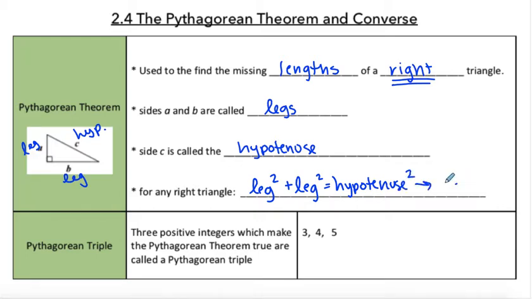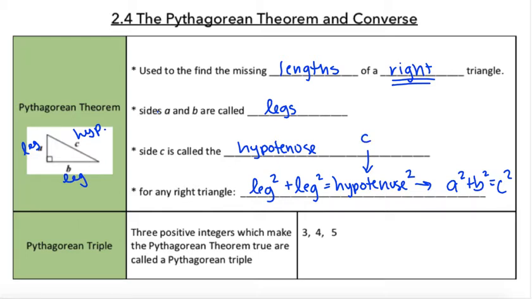Otherwise written, a squared plus b squared equals c squared, but only because a and b are the legs. C always has to be the hypotenuse.